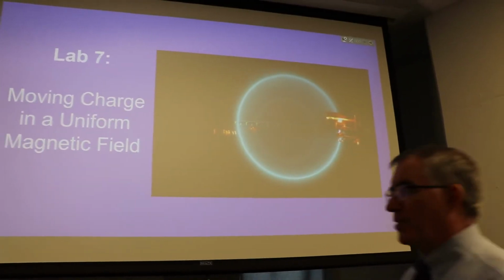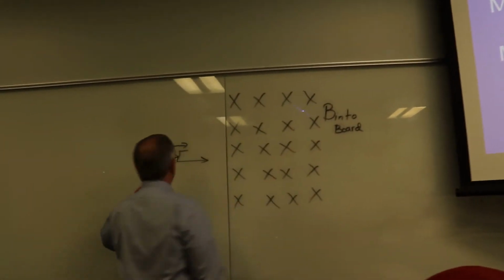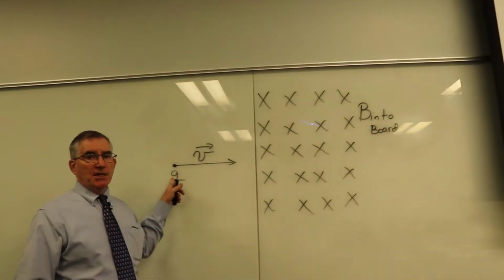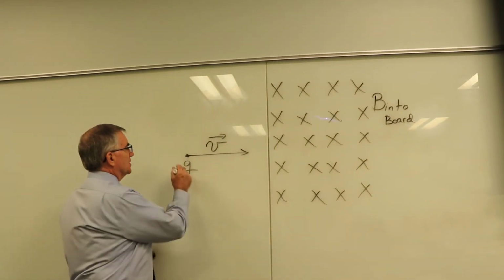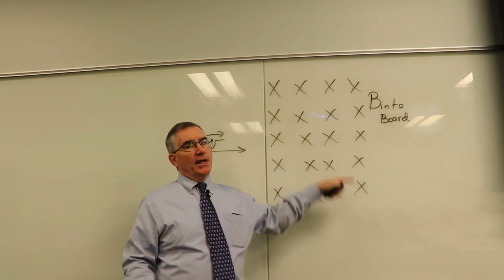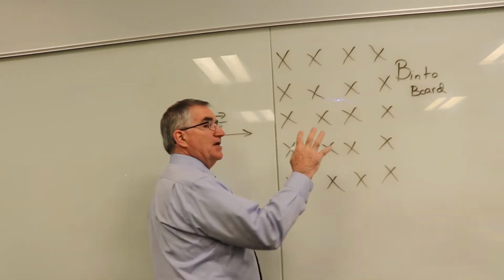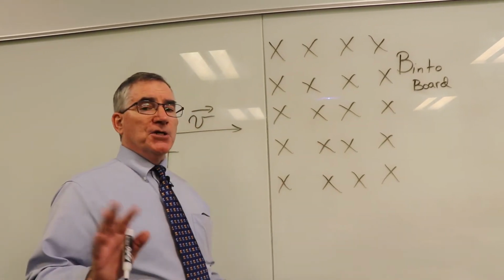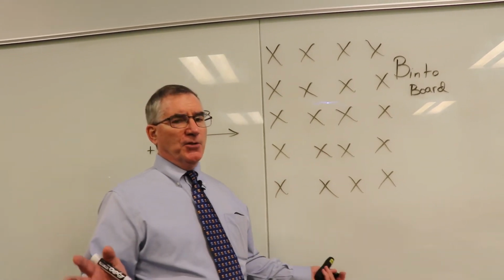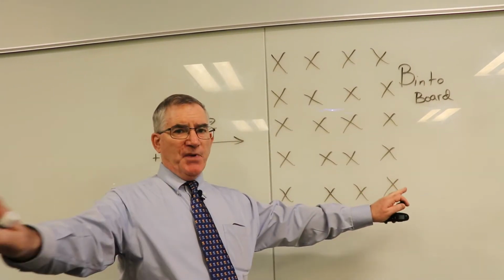All right, so I got a picture on the board right over here. And I'm going to pick, for this case, a positive charge. So it's a positive charge right here, and it's going to go into a uniform magnetic field, and the magnetic field is pointing into the board. Now, when you create a uniform magnetic field, any kind of magnetic field, the magnetic field fills space.